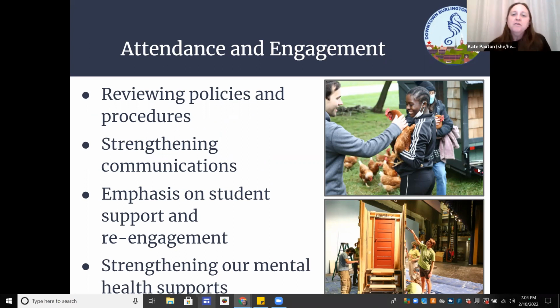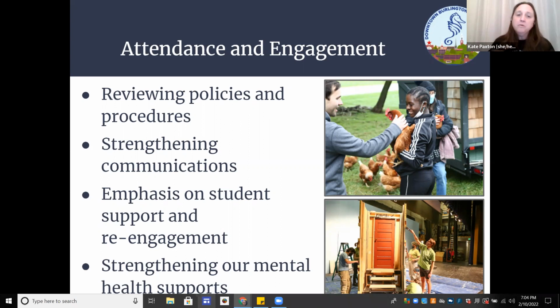As Melanie said, we've been reviewing policies and procedures, and in addition to looking at our student handbook, we're also looking at how our policies and procedures in the high school are aligning with the district and the other schools in the district. That is a big undertaking with all of our different schools and procedures that have evolved over many years.